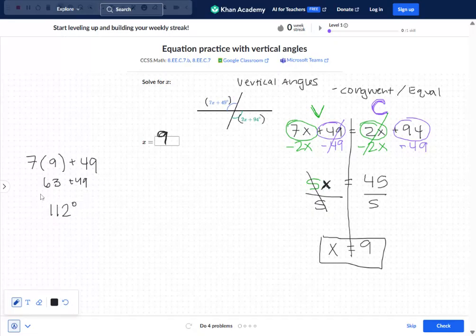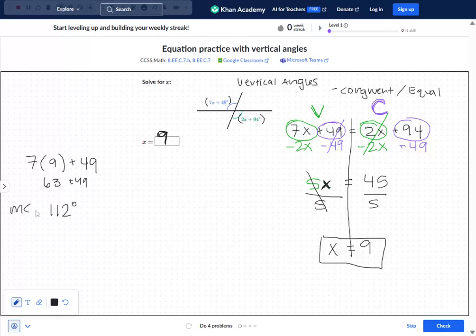So this would be the measure of angle, let's say it was angle A. The measure of angle A equals 112 degrees. Just be aware that when we're asked to solve for a variable with angles, we just want to know what x equals. We don't attach a degree to it. But if we want to know the measure of an angle, we've got to include the degree symbol.